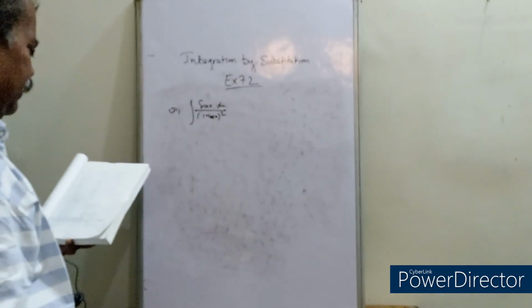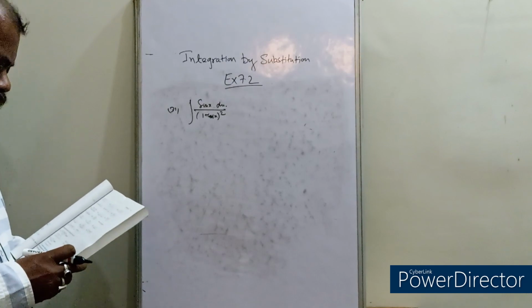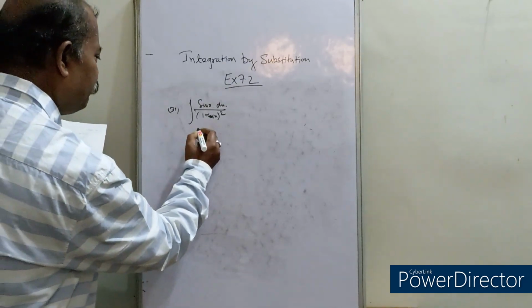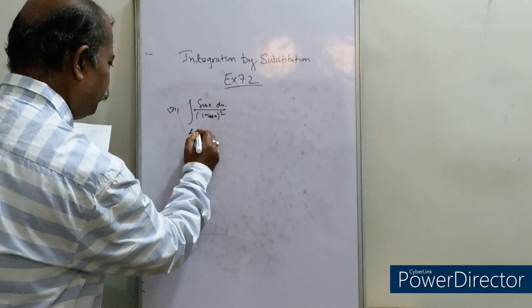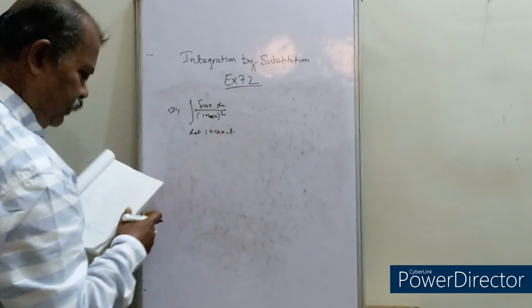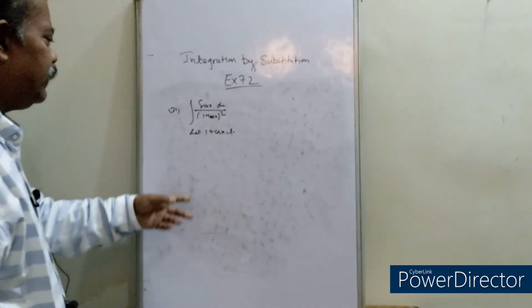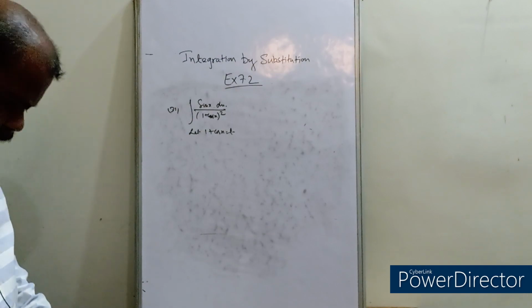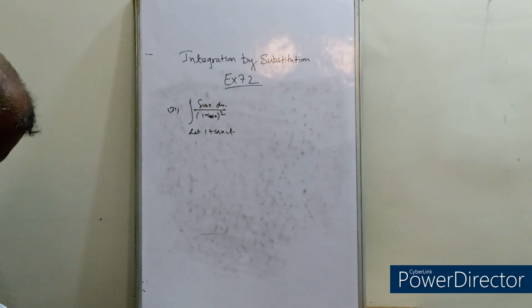Again, everything is known to you. Here let 1 plus cos x be equal to t. If you suppose this, then when you differentiate it, the constant is 0 and cos x gives minus sin x.